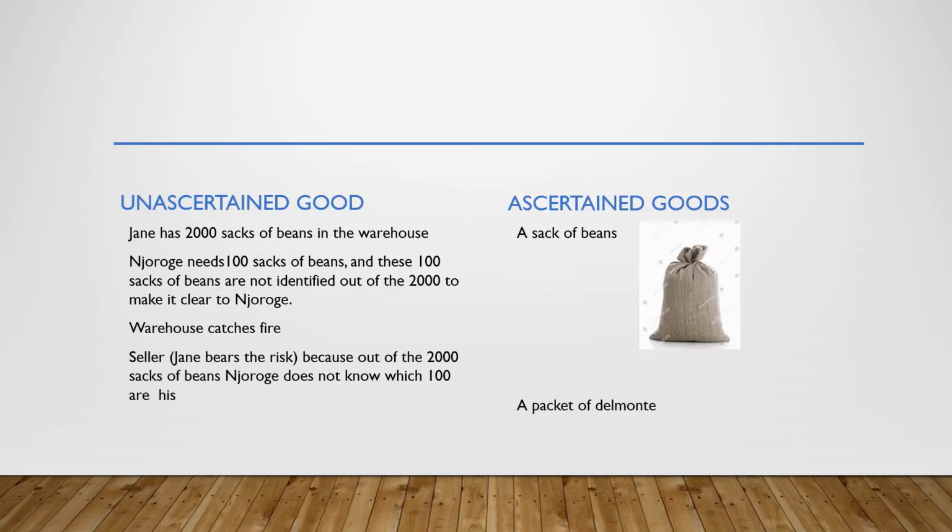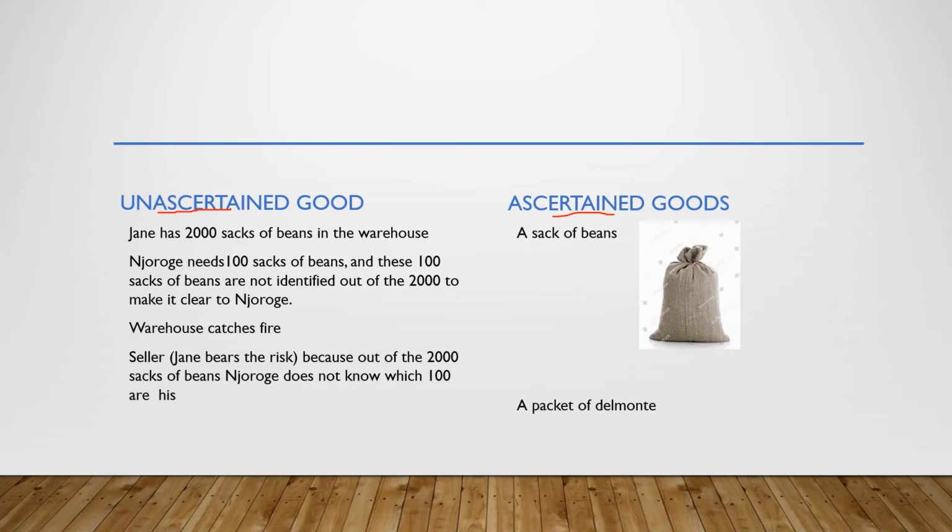To understand Section 18 and 19 of the Sale of Goods Act of Kenya, let me use the example on your screen. Remember that when we say unascertained goods, what we mean is that these goods are not specific. And when we say ascertained goods, what we mean is that these goods are specific.